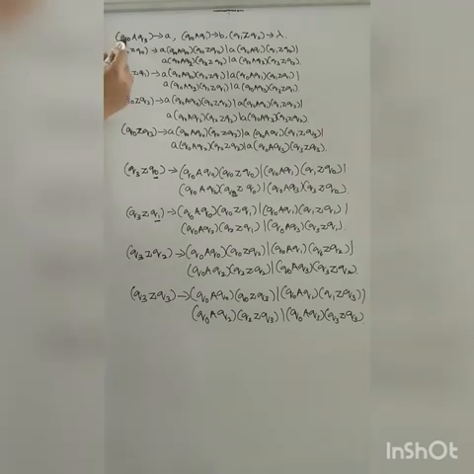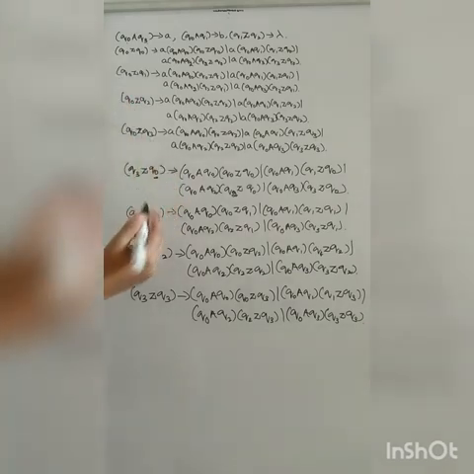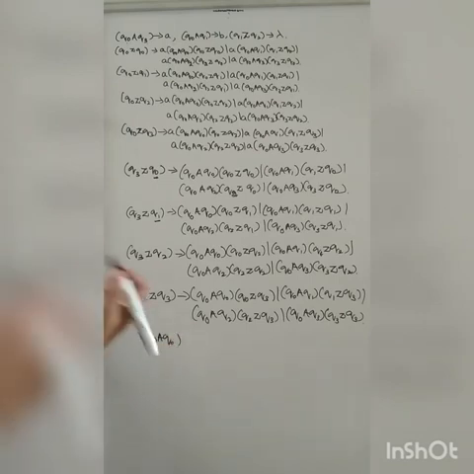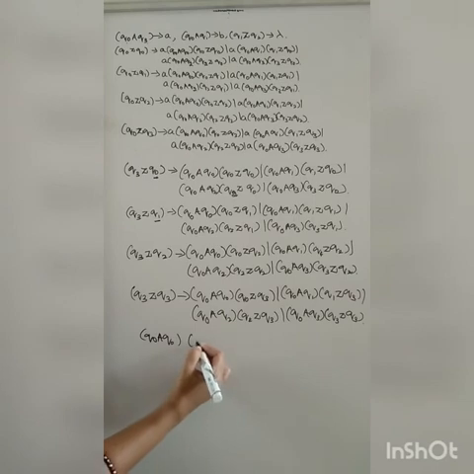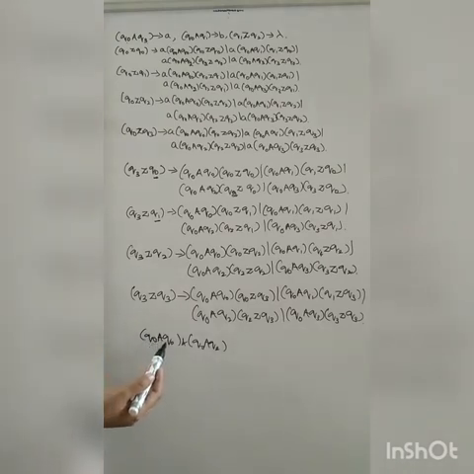For example, here we are having Q0 A Q3, Q0 A Q1, and there are no productions for Q0 A Q0, as well as we are not having any productions for Q0 A Q2. So wherever we are having Q0 A Q0 and Q0 A Q2, we can remove that one.